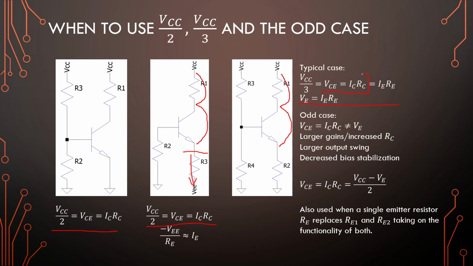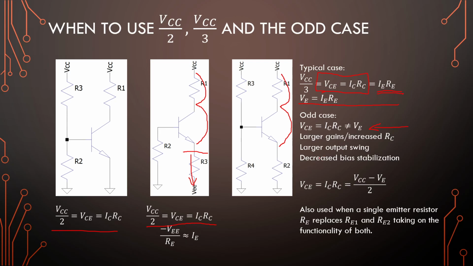Always try to have this. That means that our emitter voltage can be different. Okay, so it's this case right here. That is when people want larger gains with an increased collector resistor or a larger possible output swing.